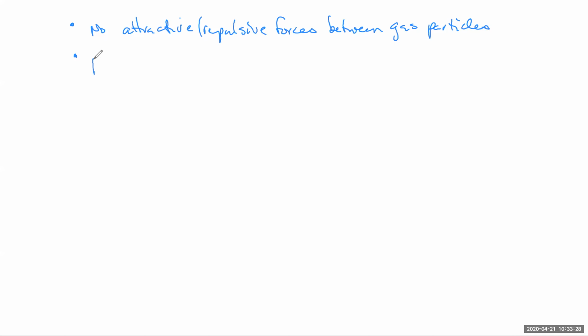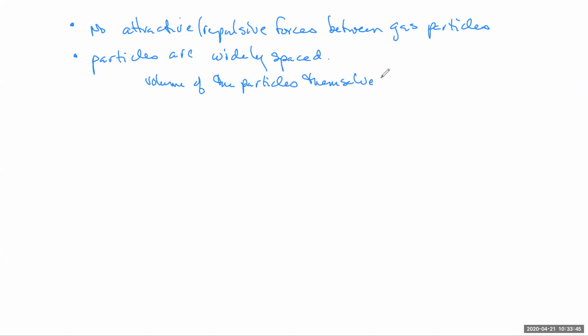The last piece is that the particles are widely spaced. They're far apart from one another. So what we're going to say in this one is that the volume of the particles themselves is negligible compared to the volume of the container they occupy.